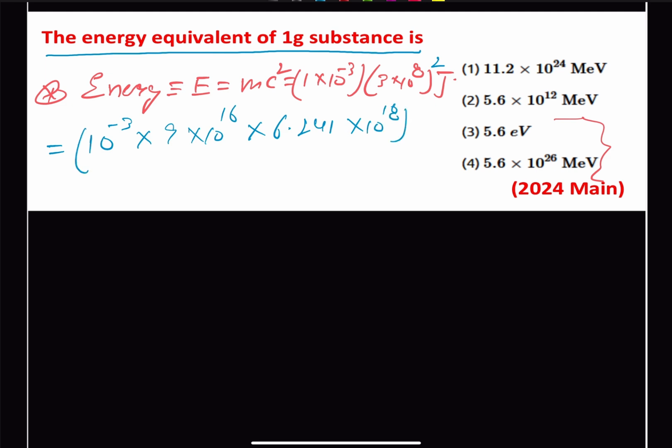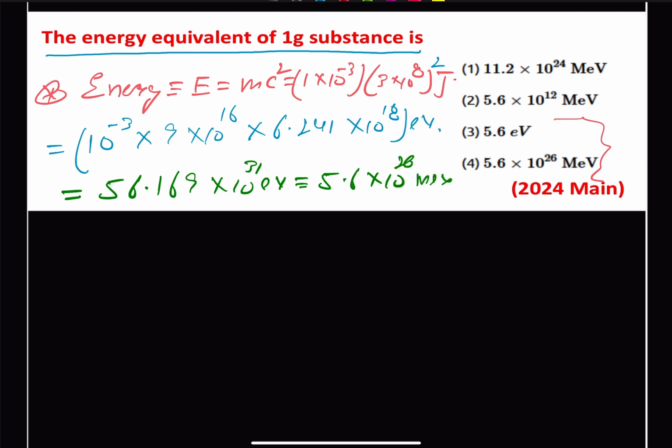Now this comes in electron volt, so we get the energy as 56.169 into 10 to the power 31 electron volt, or in terms of mega electron volt, this will be equal to 5.6 into 10 to the power 26 mega electron volt.